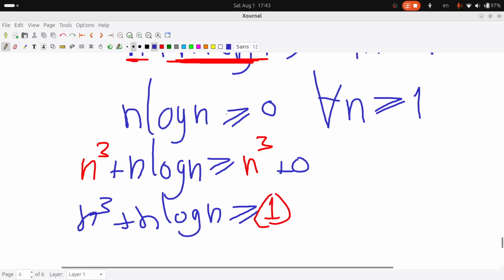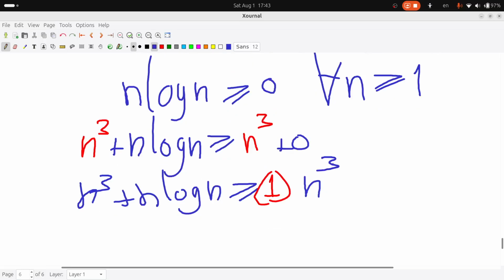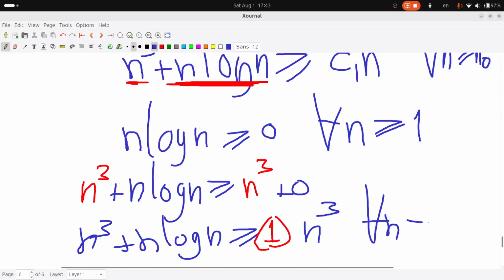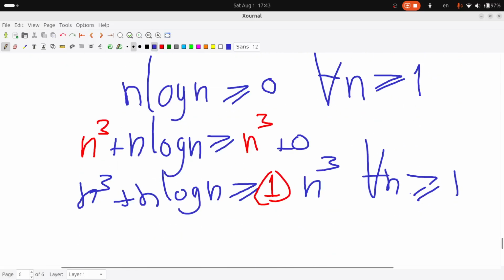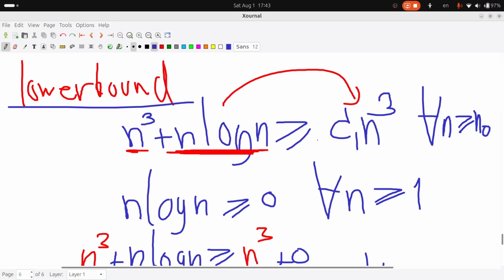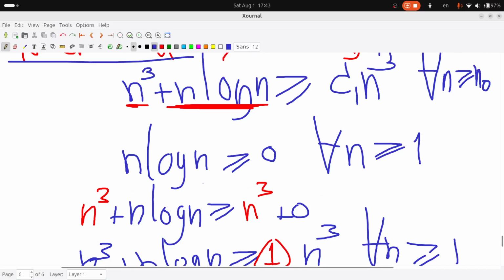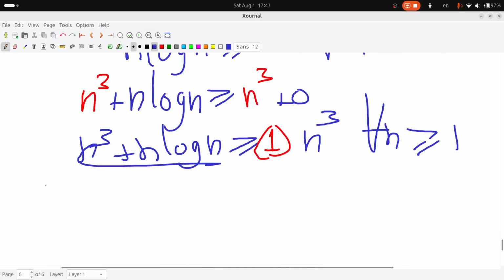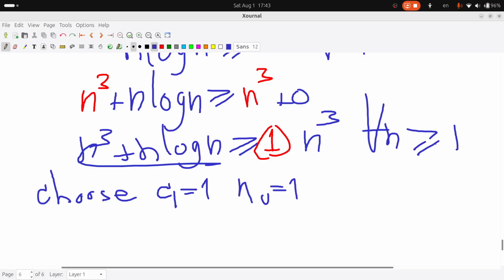It's 1, right? The right side will be n to the power of 3. So that means we can find the constant C1 and the starting point so that this equation will be true, because we have the same multiplicity in log n, and C1 will be 1. So we just simplify that. Choose C1 equal to 1 and n0 is 1. That is the starting point.